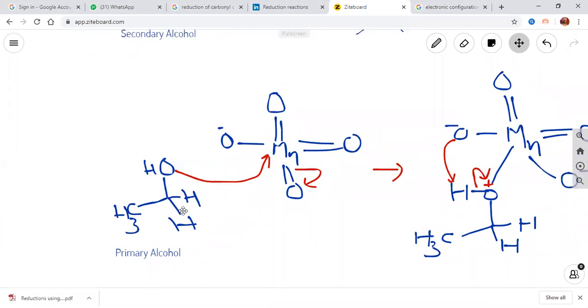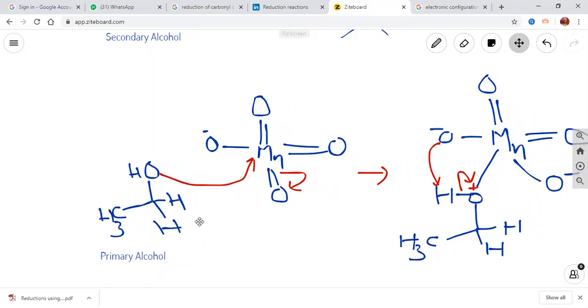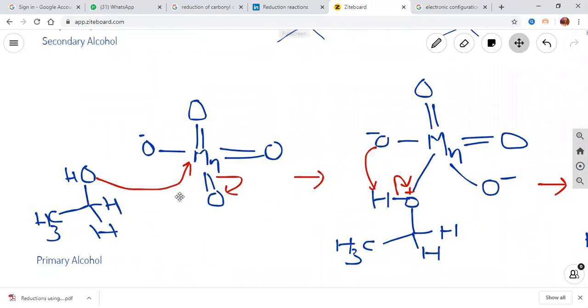For simplicity, I have shown these two alpha hydrogens. So this is our ethanol, a primary alcohol.